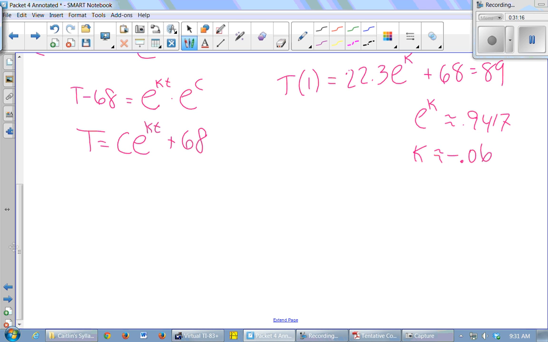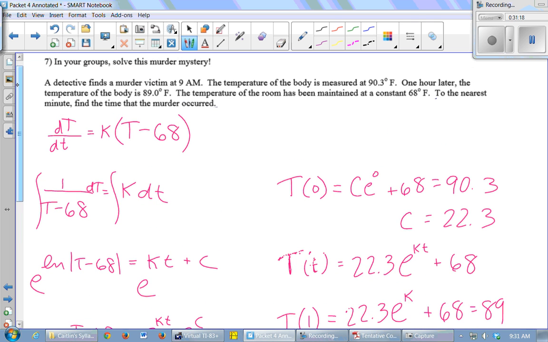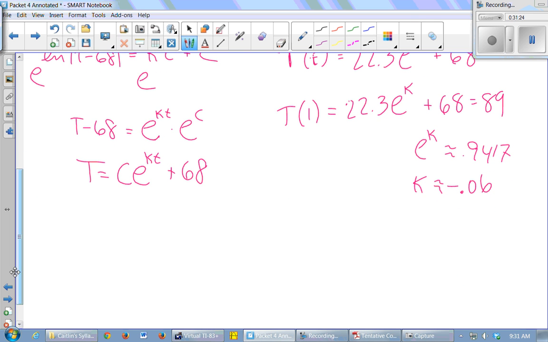Yeah. So if I had done 68 minus t, my formula would have come out with negative kt, and when I solved for k, it would be positive, right? But when I did it this way, I came out with c e to the positive kt, and my k came out negative. Either way, your final formula is going to come out c e to the negative 0.06 t plus 68.